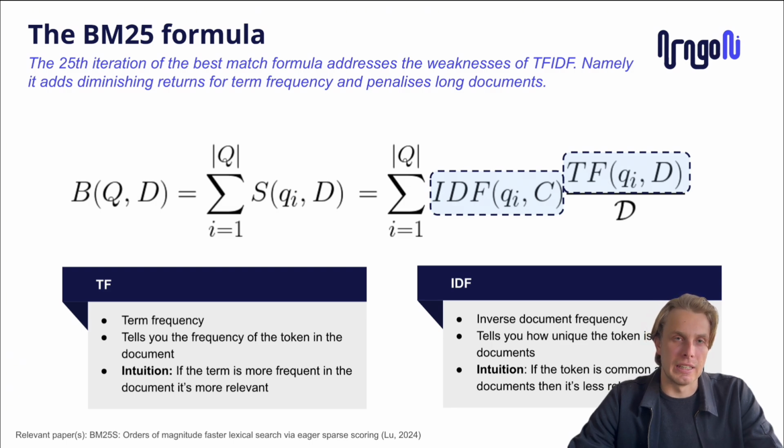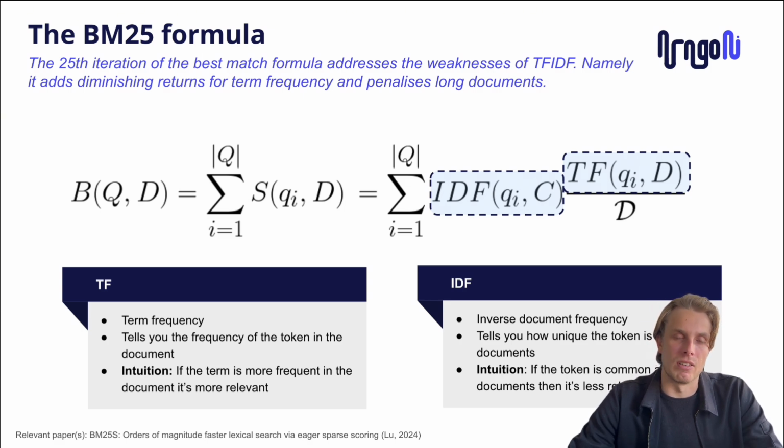Again, your intuition here is that if a token is very common across all of the documents, then it's going to be less good at demarcating or identifying a specifically relevant document. A common example that we would give here are filler words like the or a. That's going to be in most documents. So actually using them to assign higher relevance to your specific document is not a great idea.